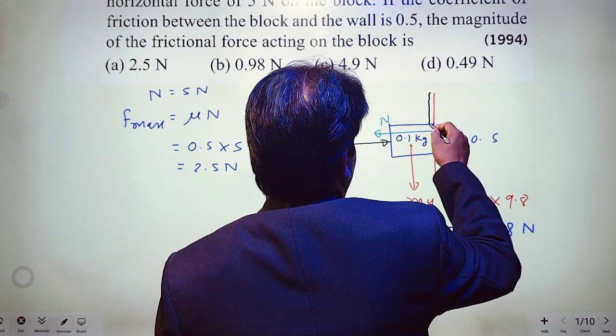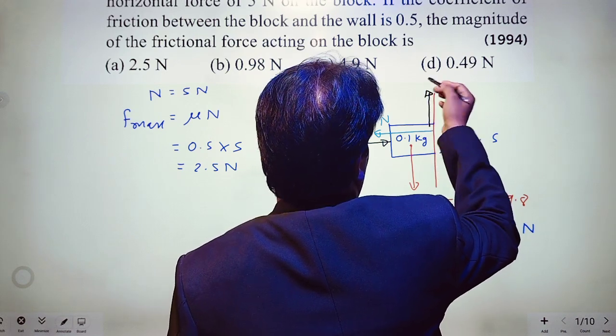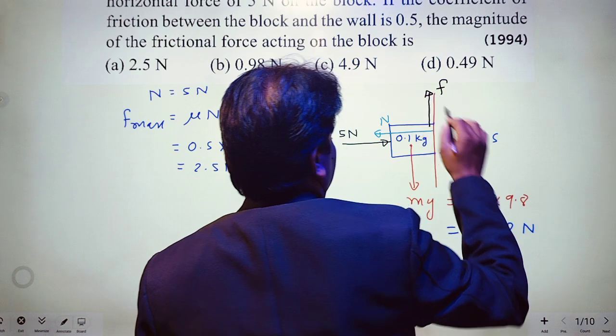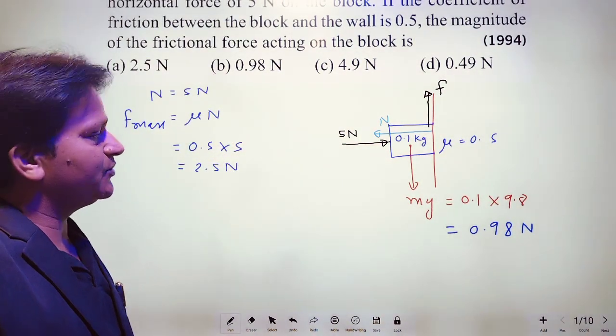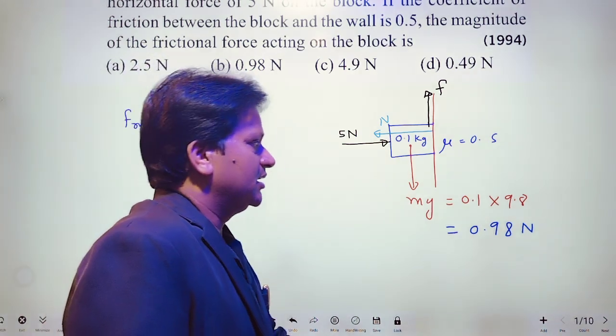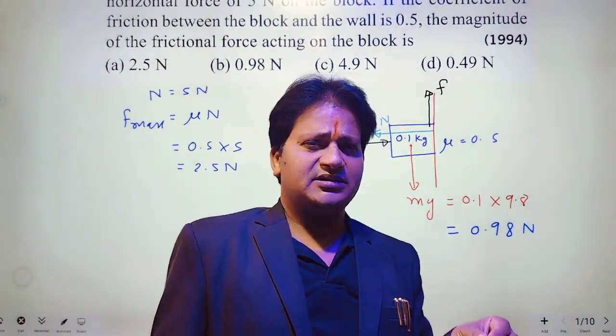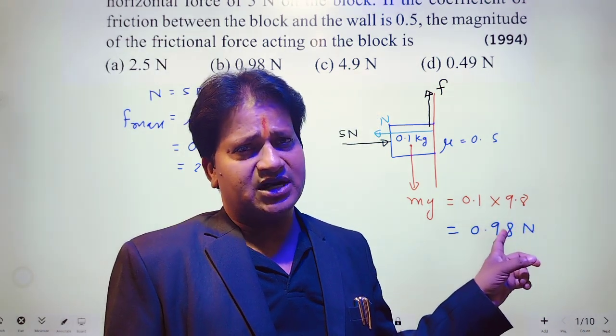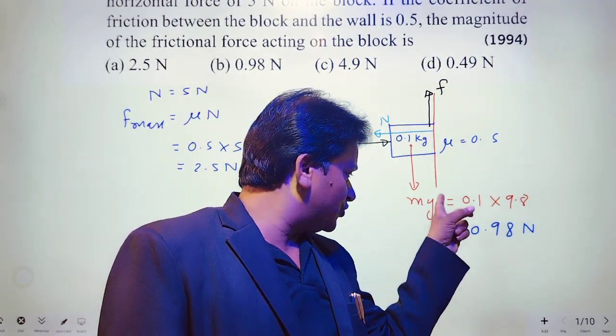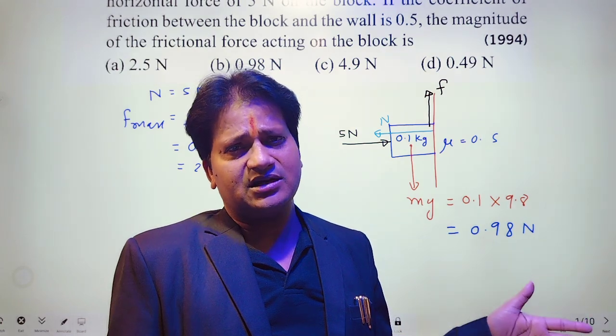Therefore, friction force will act in the upward direction. Maximum friction is 2.5 Newton, but here mg is 0.98 Newton. This force acts as an external force.